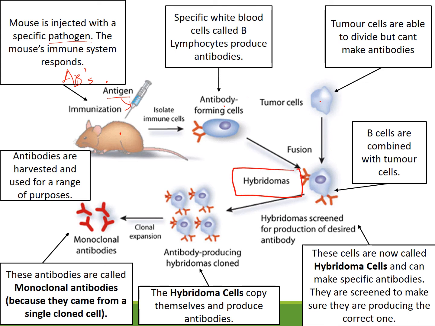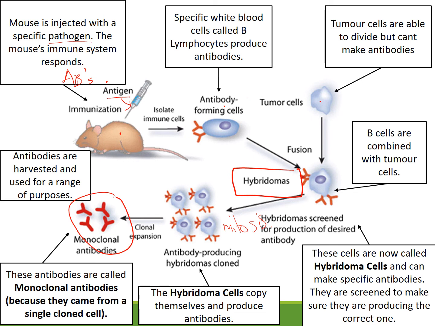Hybridoma means of two parts: oma means it's a tumour, so it is essentially a hybrid tumour. We've got these antibody-forming cells combined with our tumour cells. We check that they've got the specific antibodies, and then we clone them. Because they're tumour cells, they just copy and copy and copy by mitosis. And then we can collect the antibodies that they're producing.